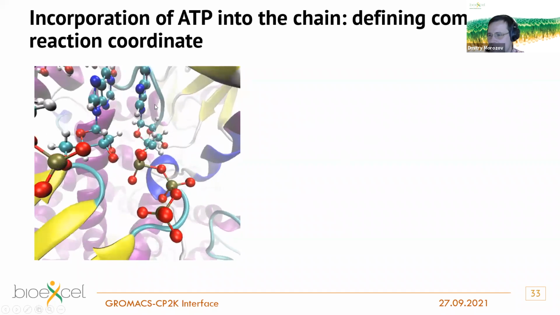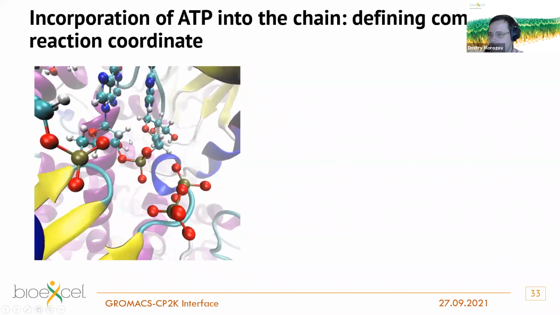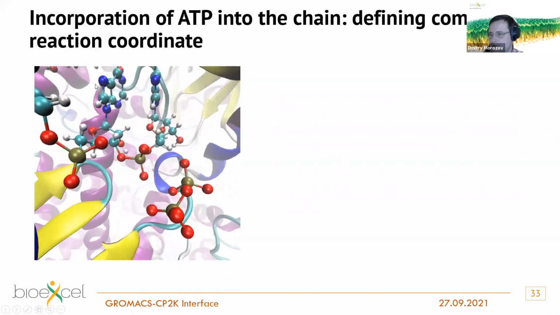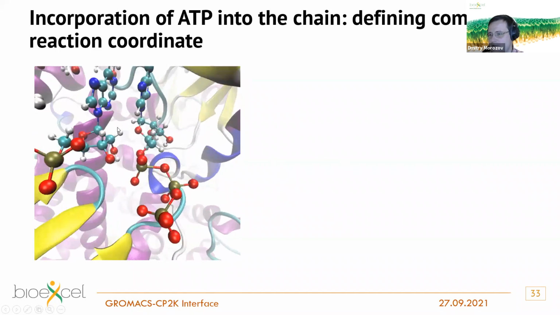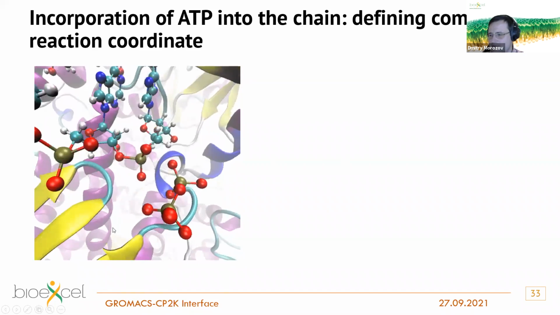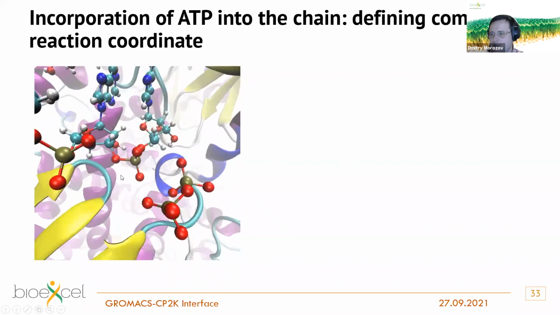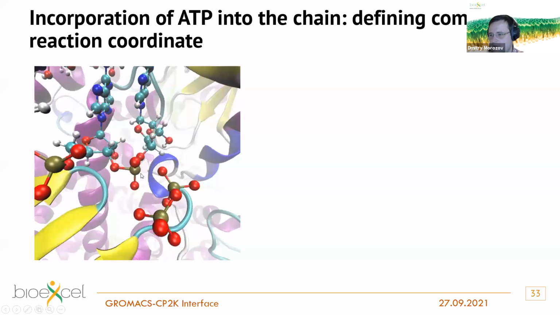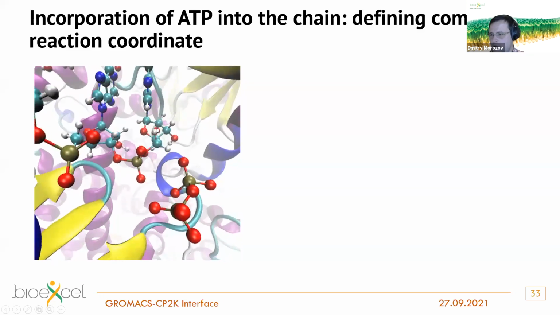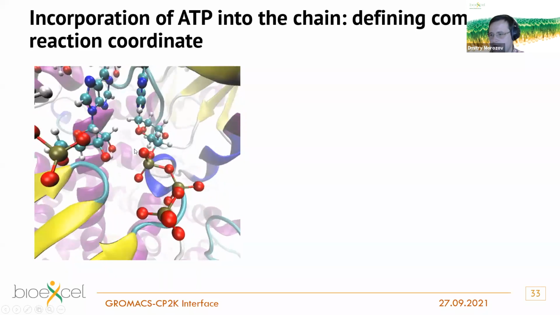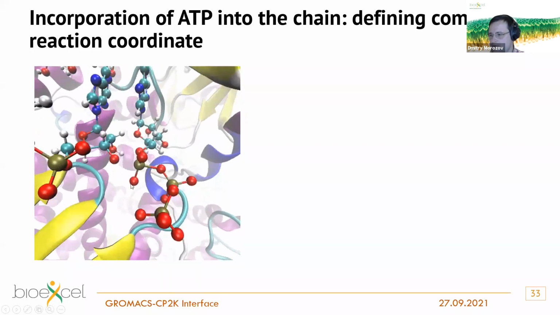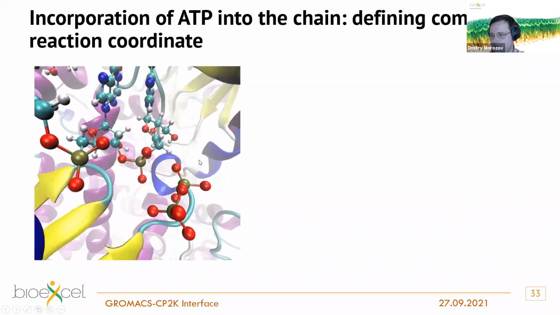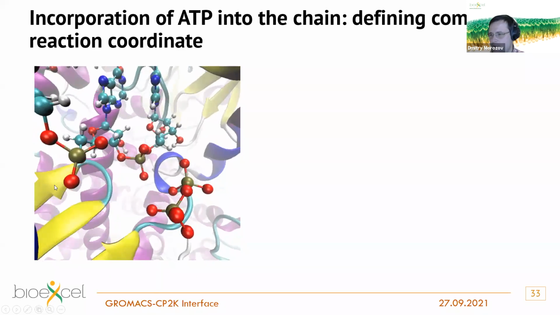So this is what the reaction looks like: on the right side there is the ATP residue, and on the left side there is the RNA chain. The rate-limiting step is the transfer of the phosphorus from ATP to the chain, incorporating it into the chain, and then the remaining diphosphate will be ejected from this protein.